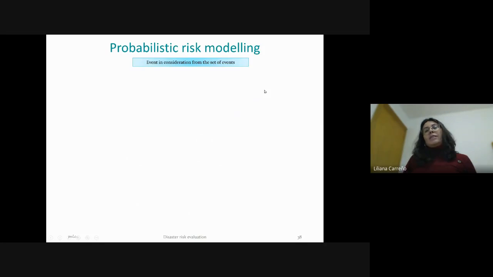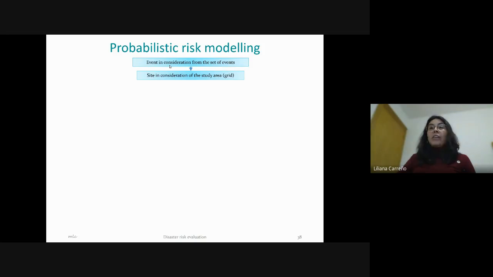You see this in a more clear way here, where you can see a kind of flow chart for this probabilistic risk modeling. So the first step is to select an event from the set of events, the stochastic set of events. Second, we need to select a site in the study area.